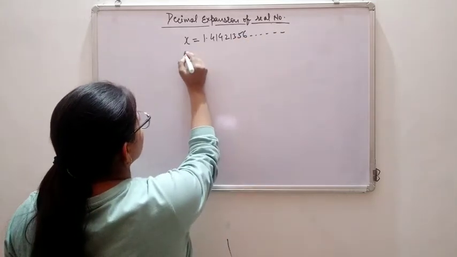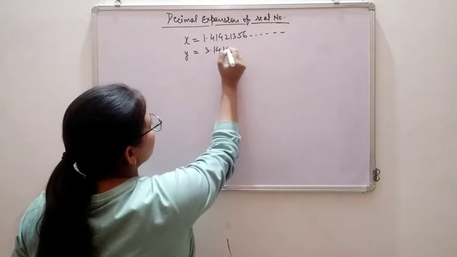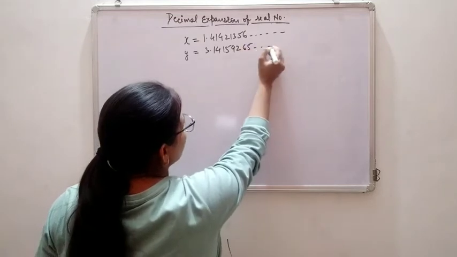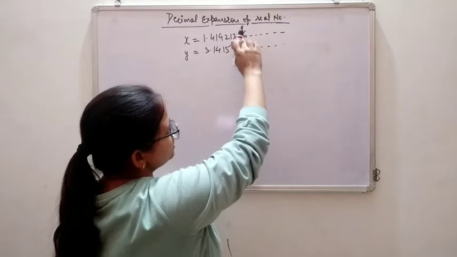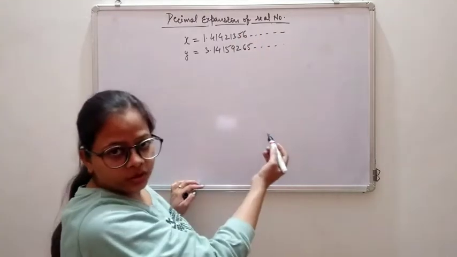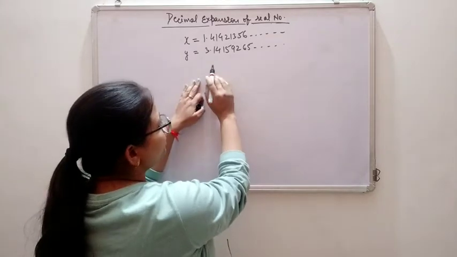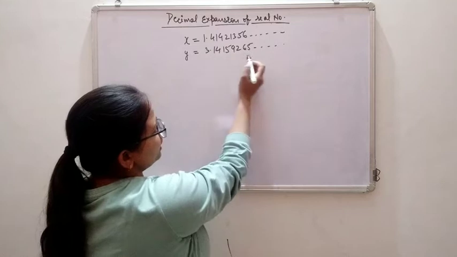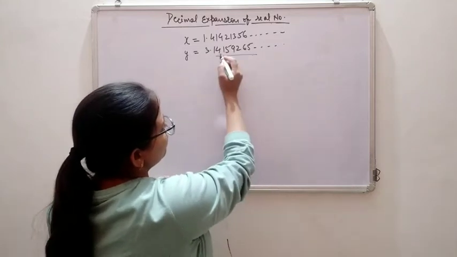And another number like 3.14159265 and something like this. In the decimal expansion of these numbers, the remainder is not coming 0, and you are also not getting any repeating block of digits in the quotient. It's changing, no digit is repeating.